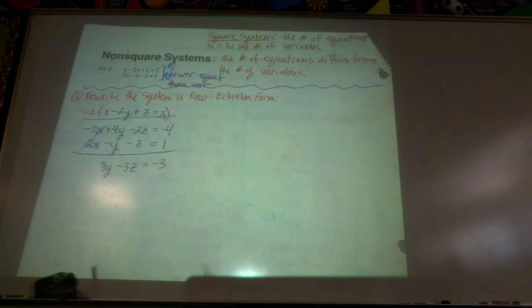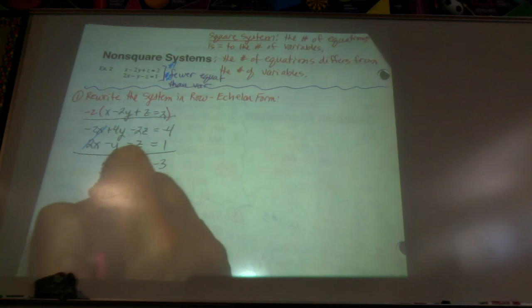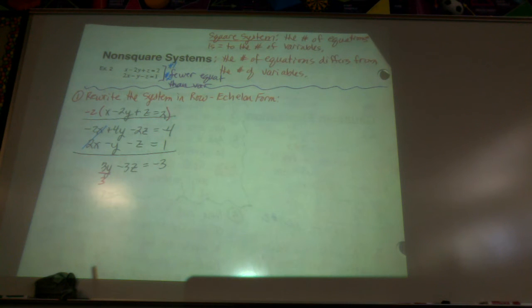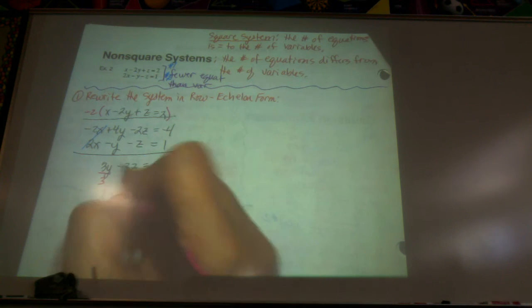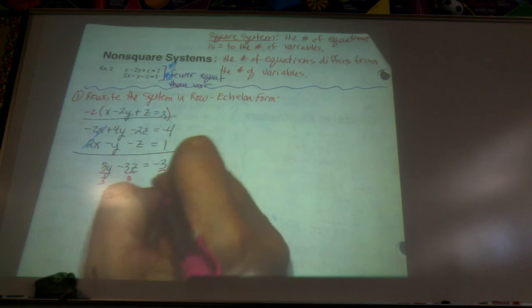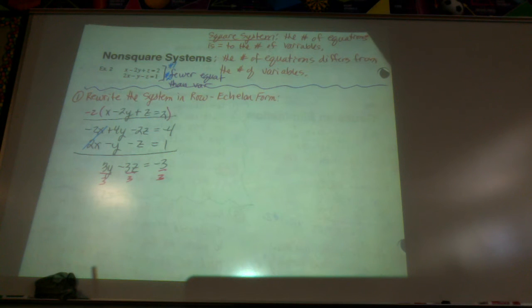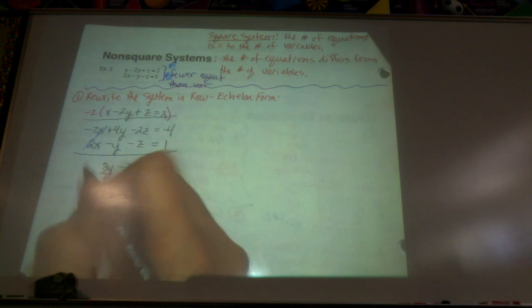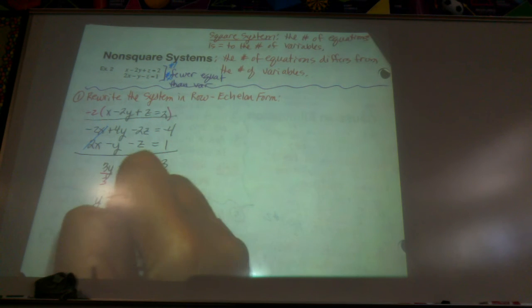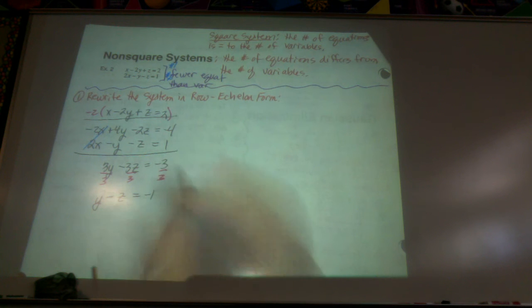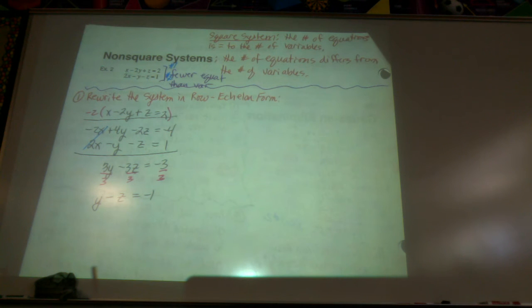So I have to keep going to manipulate it. The only way to get a y is to divide that by 3, but don't I have to divide every single term by 3? Unfortunately for you, they are all divisible by 3, otherwise you'd have some ugly fractions in there. So I end up with y minus z is equal to negative 1. There's my new equation.